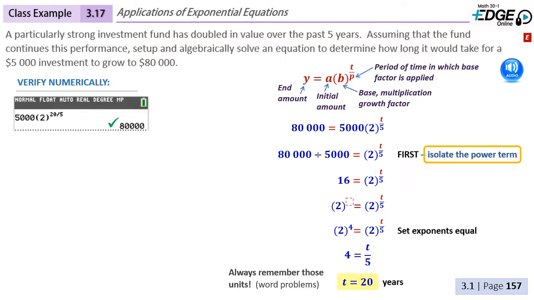We can check this answer in our calculator by replacing the t value with 20 and noting that the output is 80,000. If this were a word problem, recall that you should always write your answer including the units.